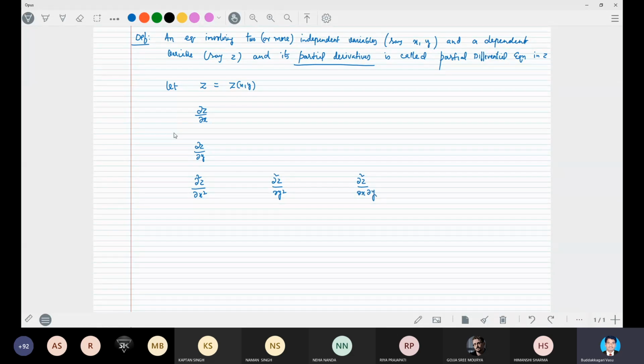The first two are the first order partial derivatives. The others are second order partial derivatives. Similarly, the third order can be defined. Anybody can say what are the third order partial derivatives?